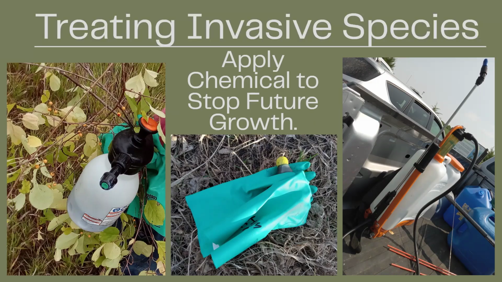And so they ended up going back and doing a foliar spray after the original cut and treat. So that way, they had a better shot at stopping it in one season, because the seeds had been left and they started to grow.